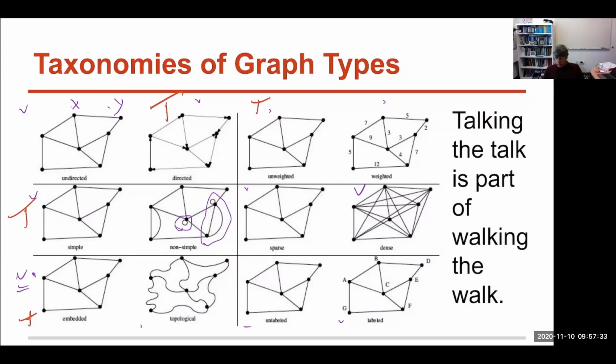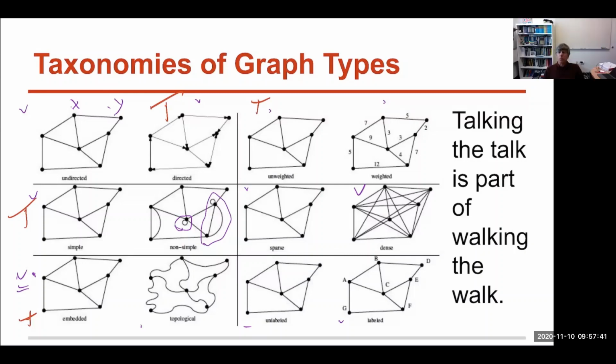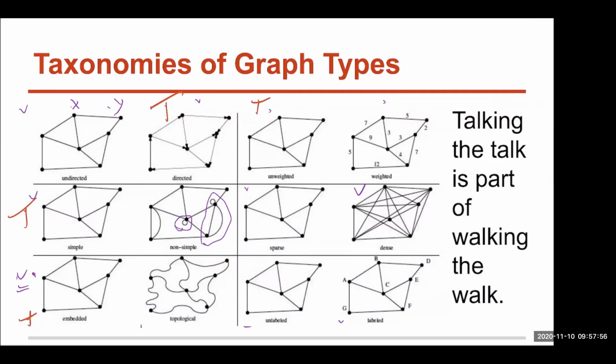Is Twitter a sparse or a dense graph? Dense would mean a large fraction of all possible pairs are connected. Sparse would mean a relatively small number of connections. Would you think it's sparse or dense? I think it's sparse.